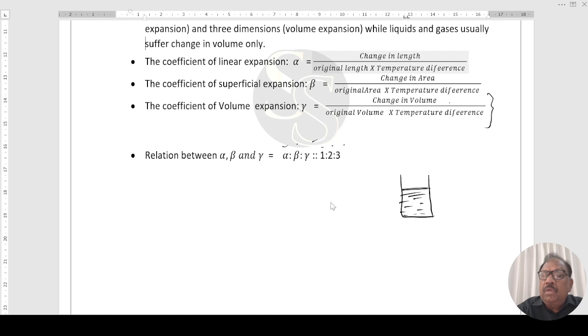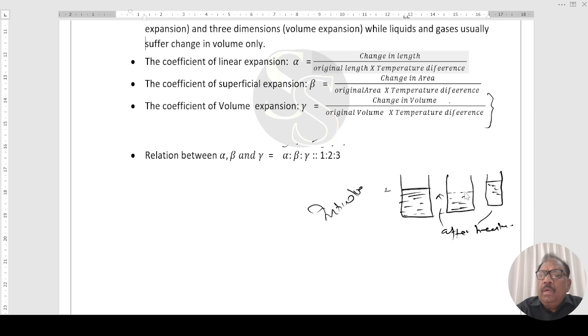Suppose this is the initial level. Now if we heat it, this is the level after heating, or this is also after heating, depending on the coefficient of linear expansion.